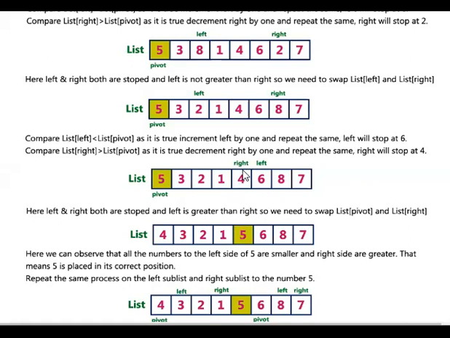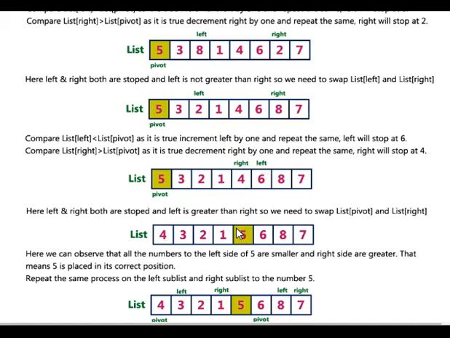So the fourth value is interchanged, 5 to 4 and 4 to 5, so the pivot value moves to the fourth position, and the value 4 goes to the first position.